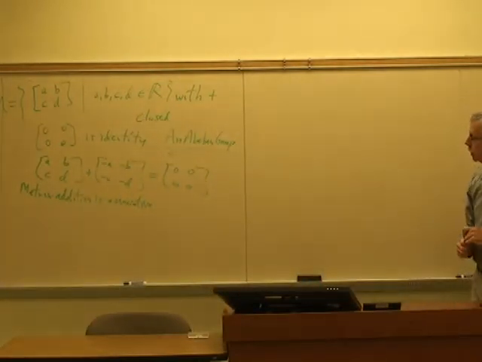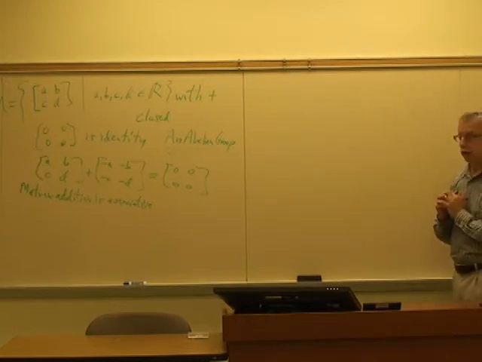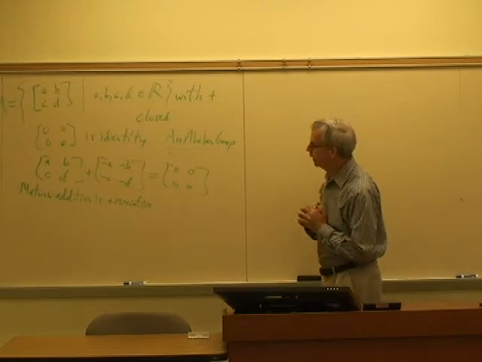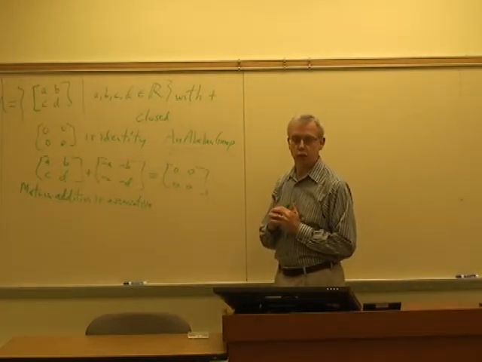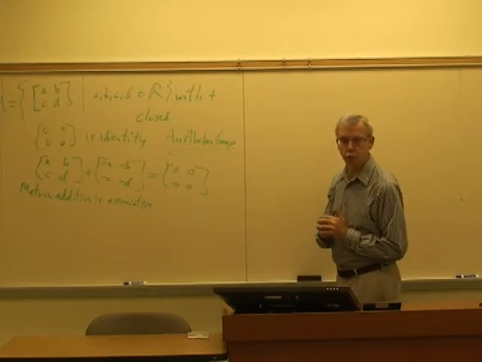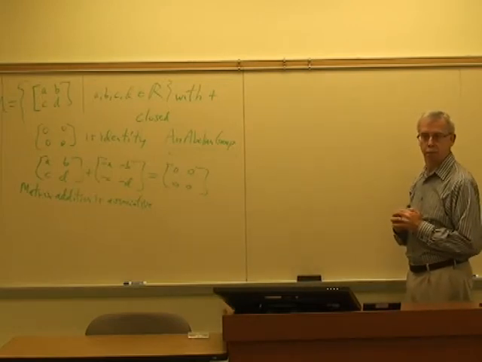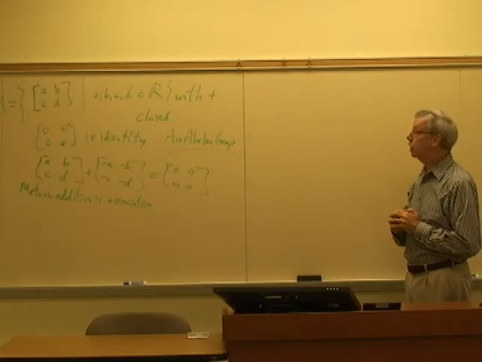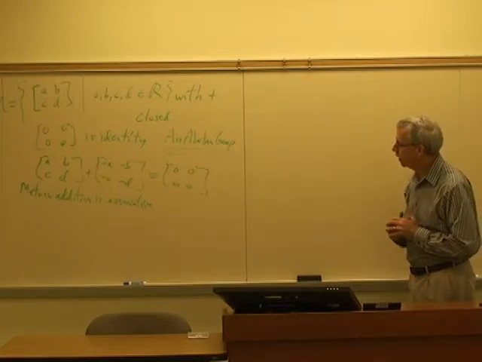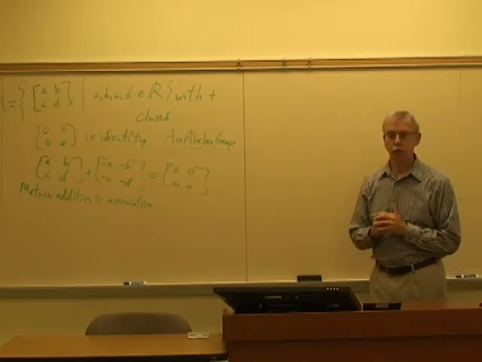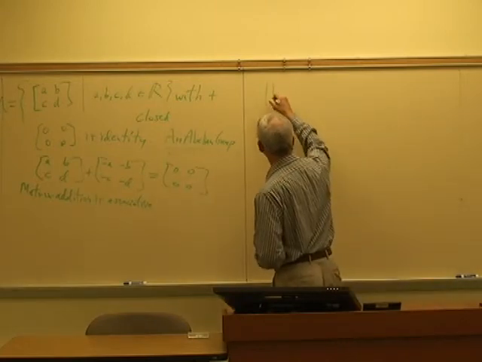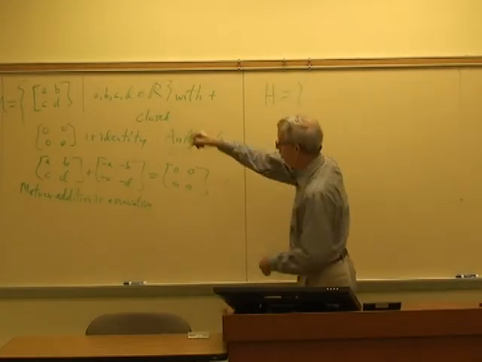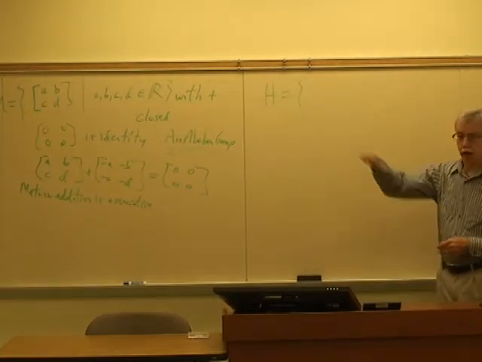Can you think of a subgroup of this? How can I make a subgroup that's not all of these? Remember adding matrices. I think we looked at this before. Anybody think of something that would look like a subgroup? Closed, identity, and inverses, all I need. Let's try to define H as some set of 2 by 2 matrices that is not all of those.